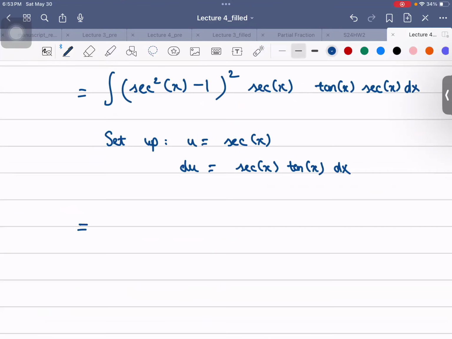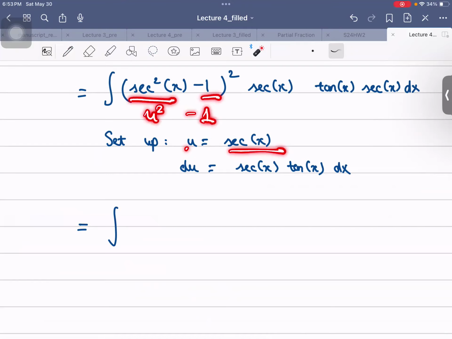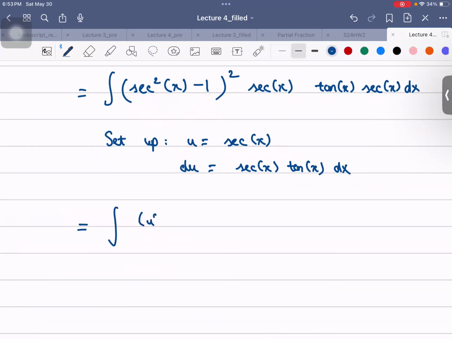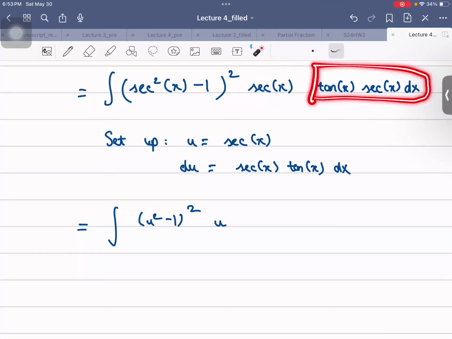Now u is secant, so secant squared minus 1 will be u squared minus 1. I have u squared minus 1, and then I square it. Secant is u, and tangent times secant dx is du.